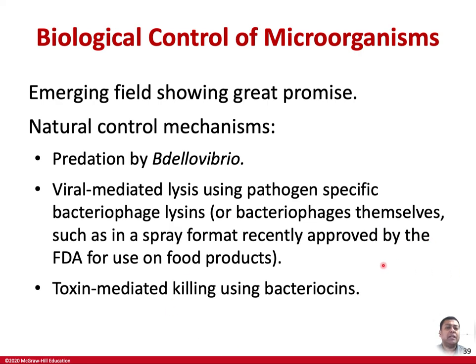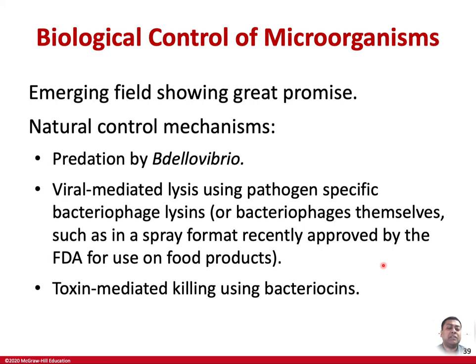On the other hand, there is another way that scientists are thinking about this: many of these bacteriophages also produce what are called endolysins. These endolysins are basically utilized to lyse the bacterial cells. So whether these purified proteins can be used as a therapeutic agent is also one of the areas of research. Also, in the environment, many bacteria produce bacteriocins, which are basically for competition and killing other invading microorganisms.